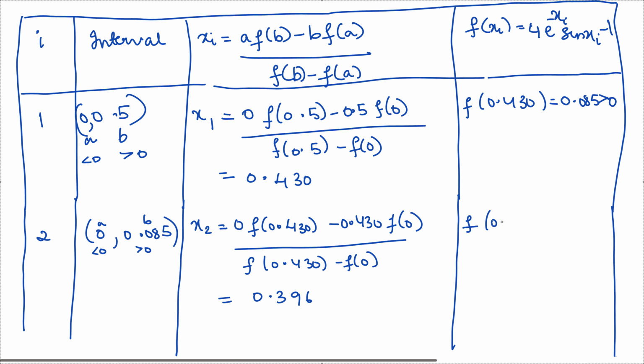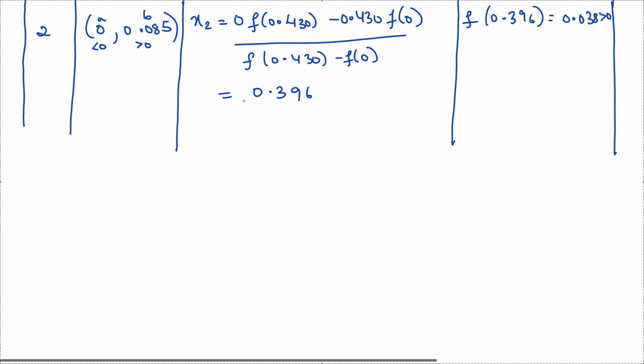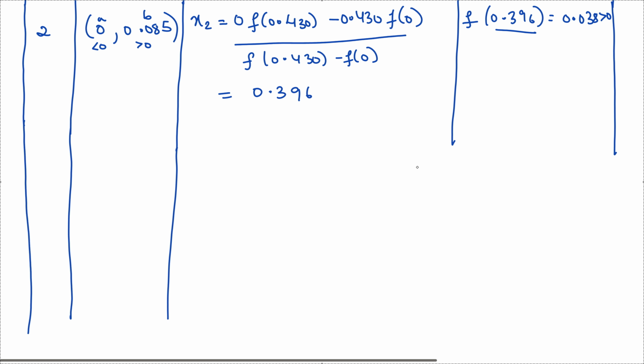f of 0.396 is 0.038, which is greater than 0. So in the previous interval, whatever was greater than 0, we are going to replace that with our new x value. So in the third iteration we have 0, and previous iteration 0.085 was greater than 0, right?